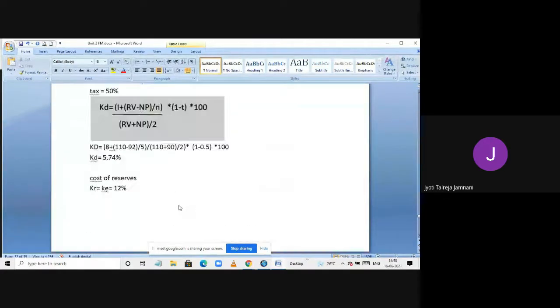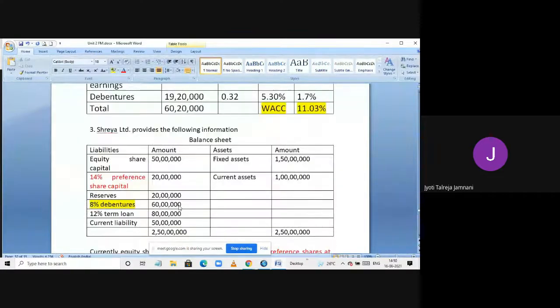One second. Term loan is 80, no? Sorry, here it is 30. By mistake, I have taken it as 80. Because this total won't tally. Just check 50, 60, 70, 80, 90, 150, 180. Same, ma'am, only 80 only.